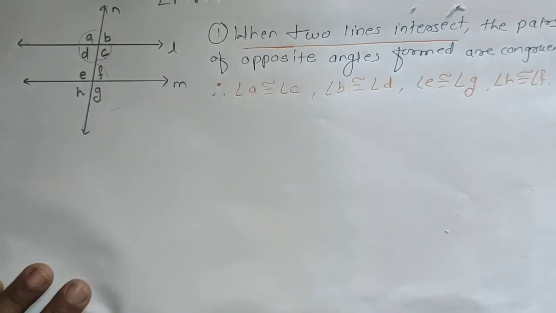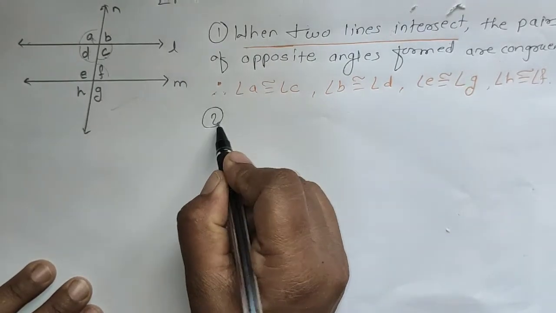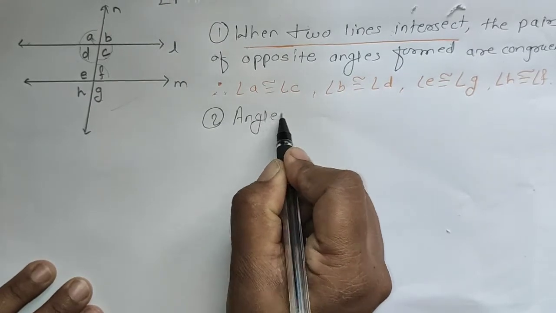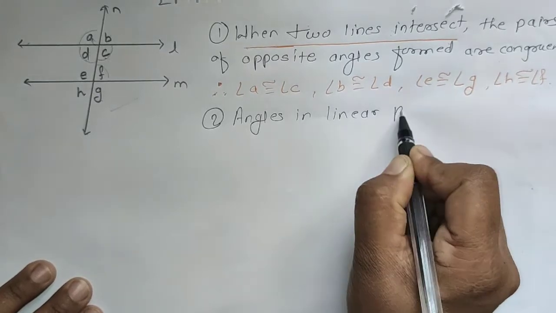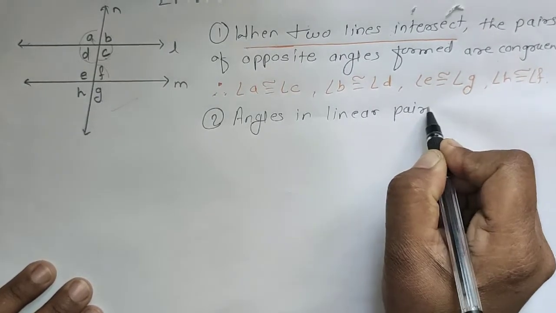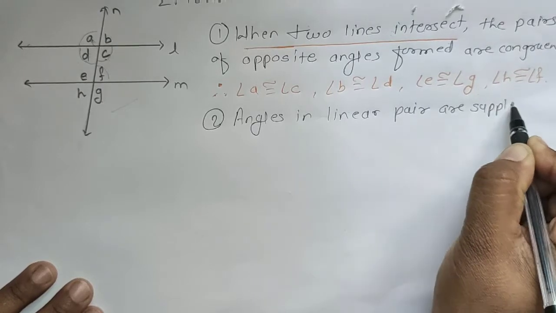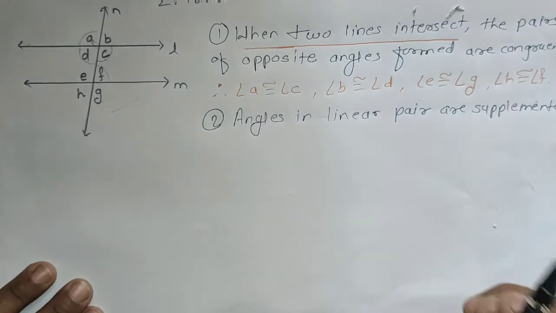Now the second property is, angles in a linear pair are supplementary.